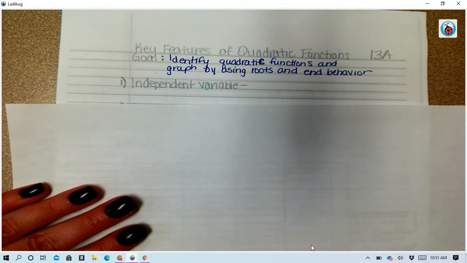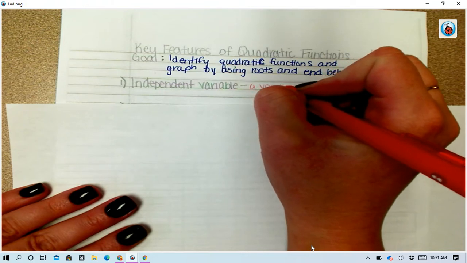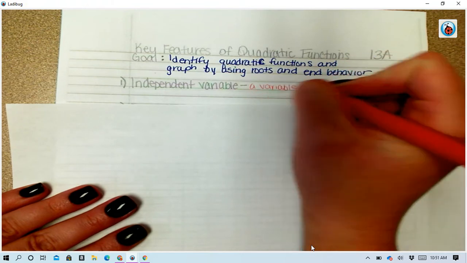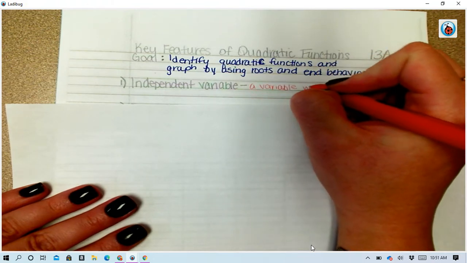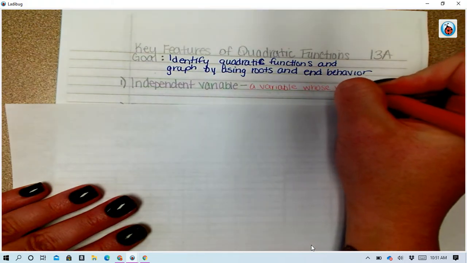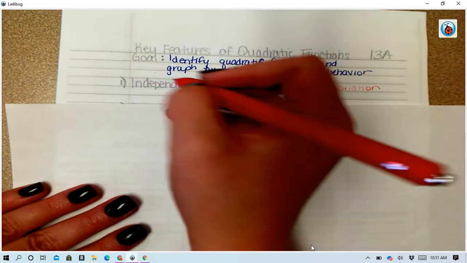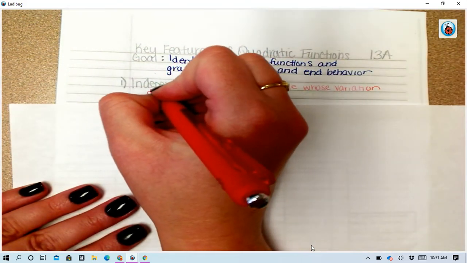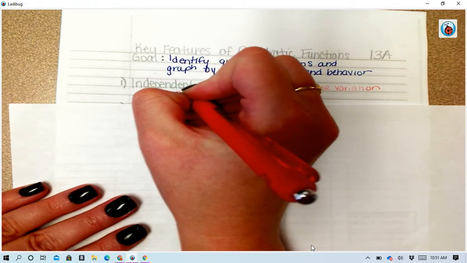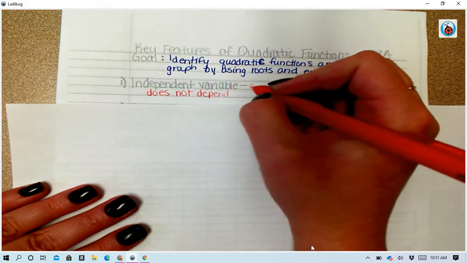So an independent variable is a variable whose variation does not depend on that of another.